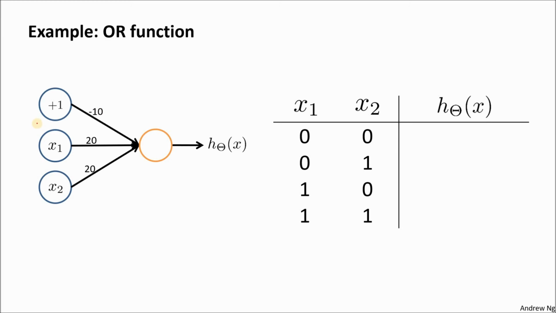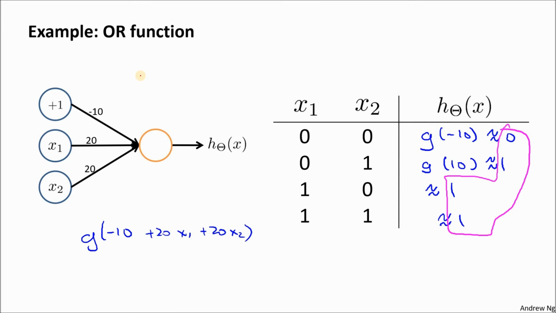Okay, so when this value changes from minus 30 to minus 10, the behavior of the neuron has changed from AND to OR. Now it is an OR gate. How? Let's try. You give it 0 and 0. So 0 and 0, you add it with minus 10, it will give you minus 10 as output, which will be a 0.